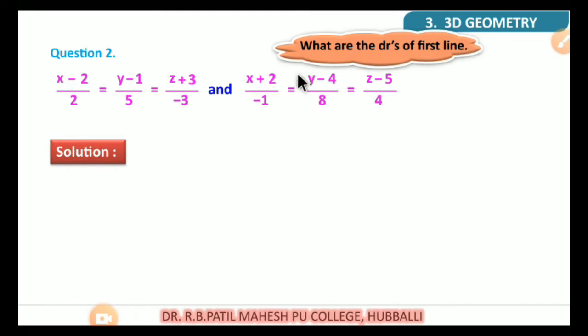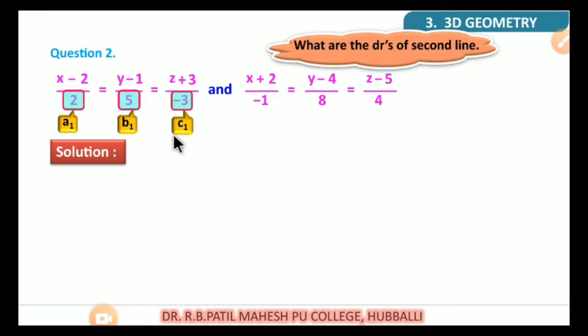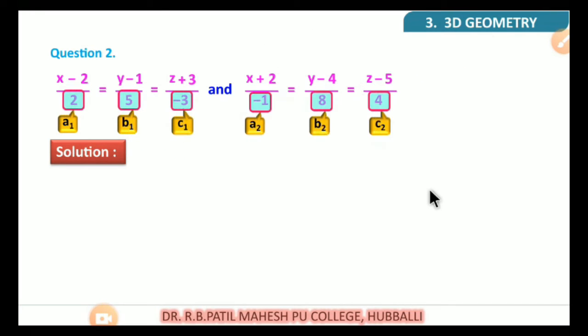Now we have to find out the angle between these two lines here. So they are in the Cartesian form. So first write down the direction ratios of first line are A1, B1, C1, and the direction ratios of second line are A2, B2, C2, means minus 1, 8, 4.